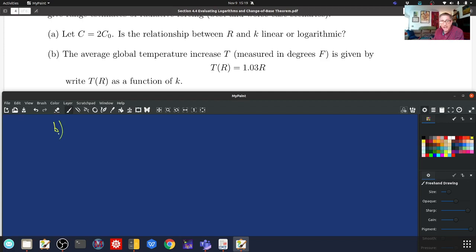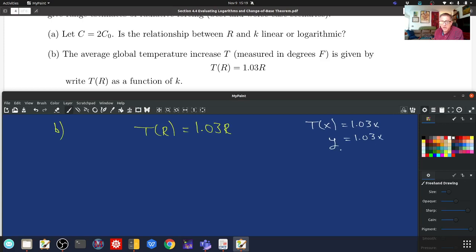So here we have T_R is equal to 1.03 R. Right, T_R is a function of R. So first note, what I want to show you here is like T(x) is equal to 1.03x. And you know that would be the same as y is equal to 1.03x.